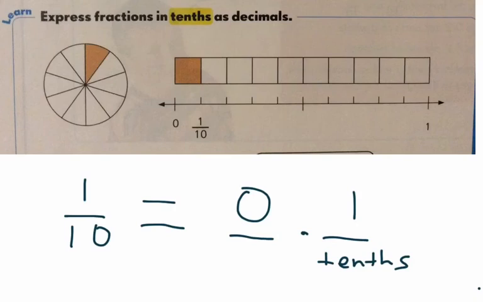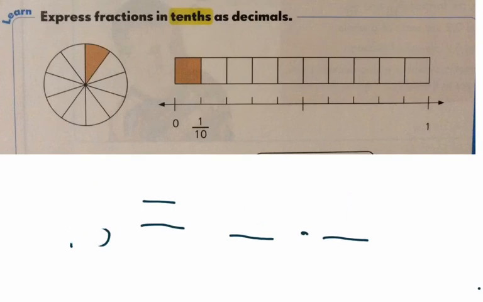So let's try this with some other numbers and see if we can understand a little bit more, and then I'm going to release you to practice. Alright, so again, this is our ones place, and this is our tenths place. What if we were to change our models a little bit?